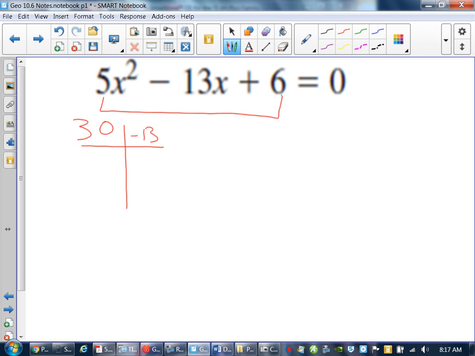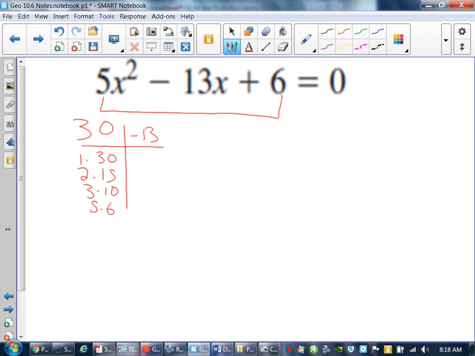What's the sign of both of these numbers going to be? Negative, good. You have two things that multiply to get a positive, but add to be a negative. That means they both have to be negative. Okay. So listing out your 1 through your 30s: 1, 30. 2, 15. 3, 10, and 5, 6.